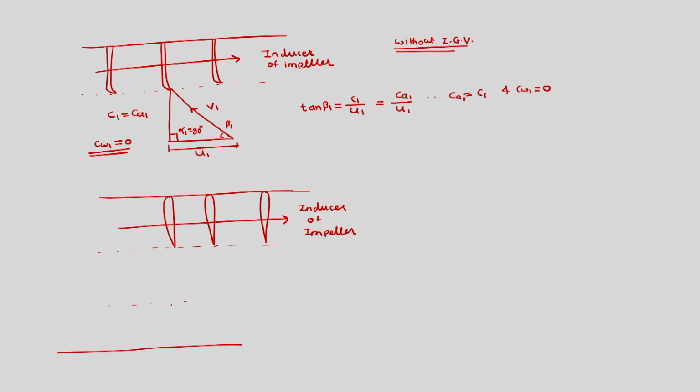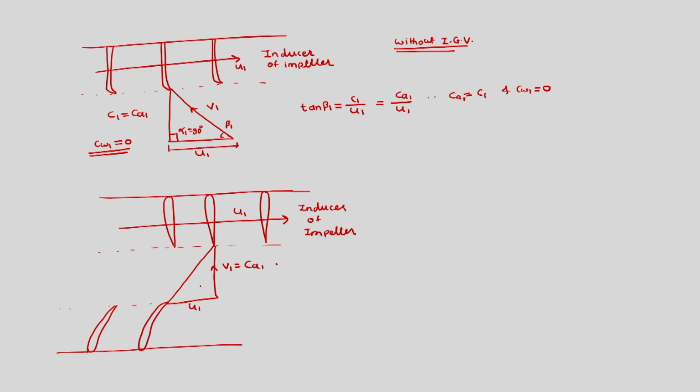So the inlet guide vane is trying to send the flow, so we have flow approaching in this direction, which is V1 is equal to CA1 for this case, but relatively it is entering like this, where we have this velocity u1.